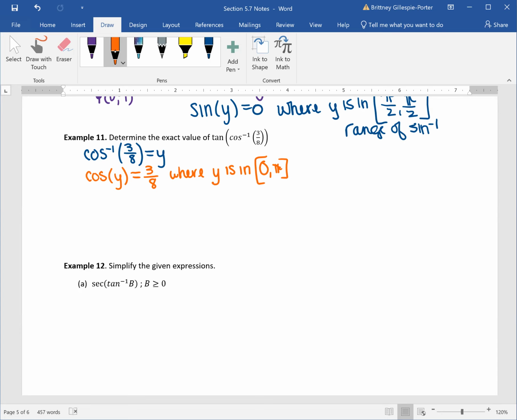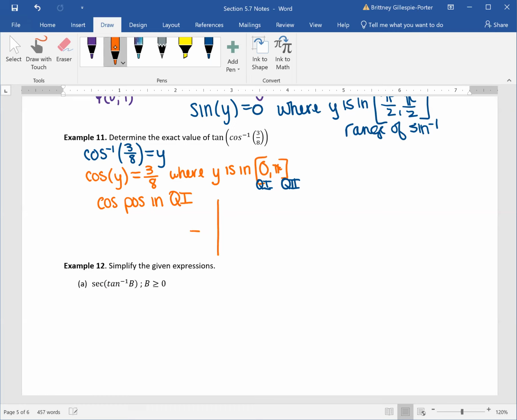All right. 0 to pi means that we are dealing with quadrant 1 and quadrant, not quadrant 4, quadrant 2. Okay, so quadrant 1, quadrant 2, and cosine is positive in quadrant 1. So we're going to be looking in Q1.